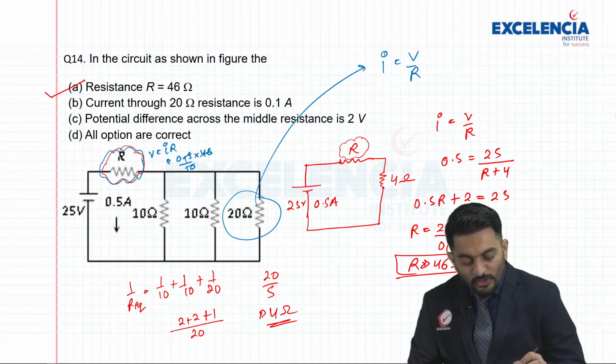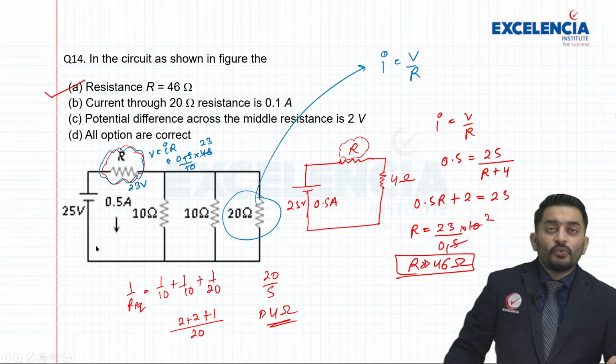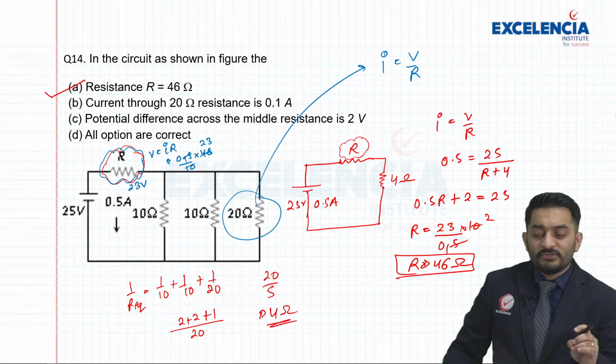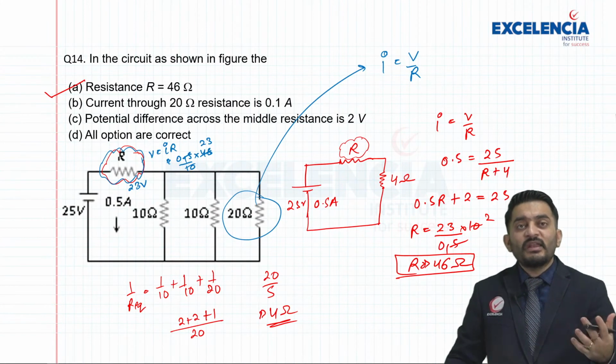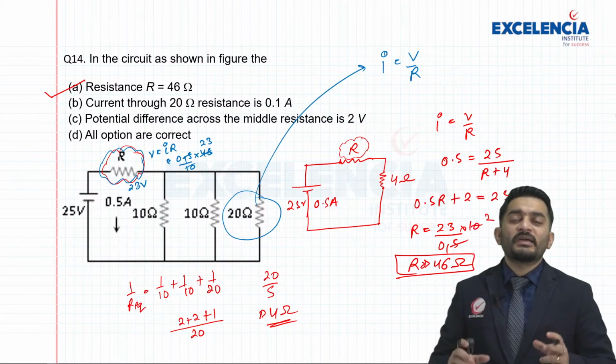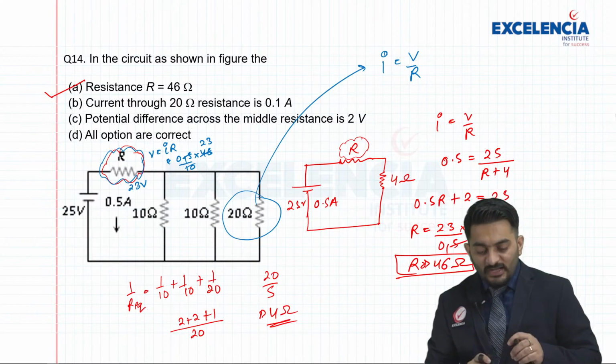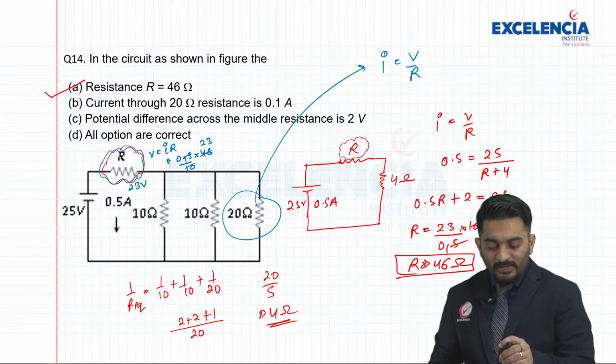So the voltage drop over here is 23 volt. 23 volt is the voltage drop across this R. The remaining voltage is only 2 volt, because the total supply is 25. 23 volt is the one taken by this capital R.